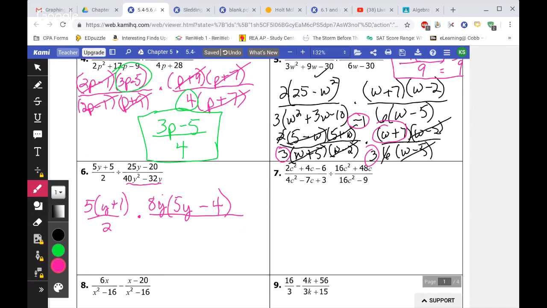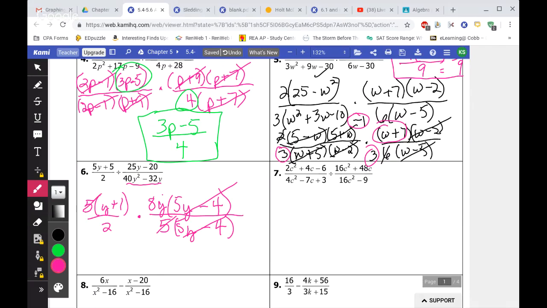I can factor out a 5. And that's going to leave me y minus 4. Is that right? No. 5y minus 4. So let's see. Vertically, I can cancel these.